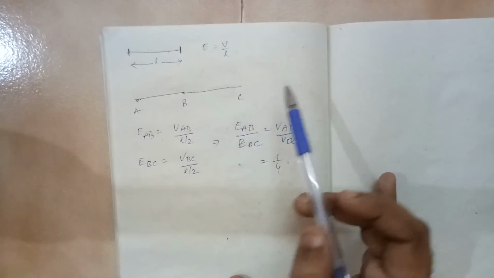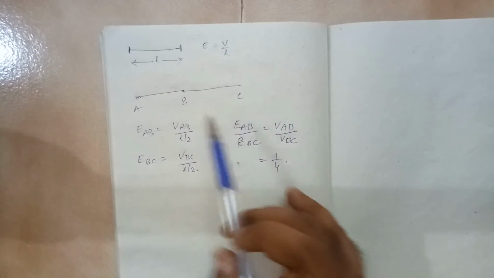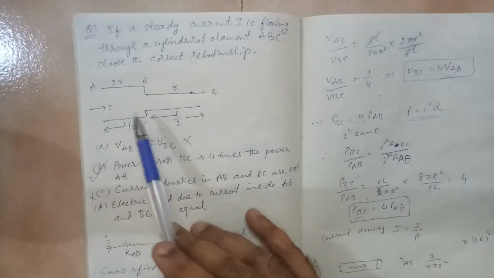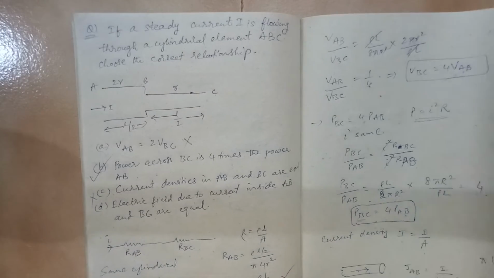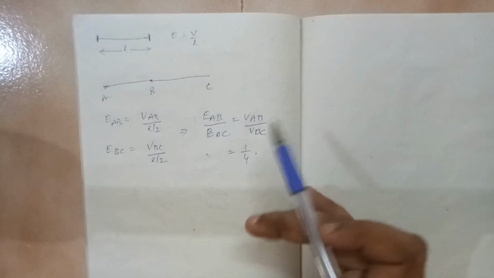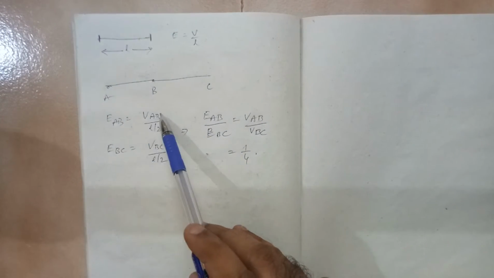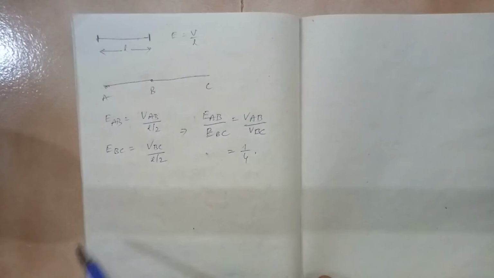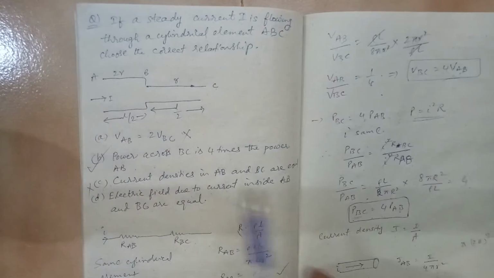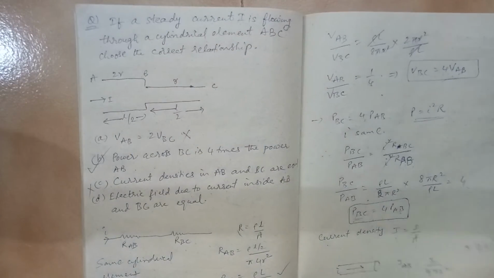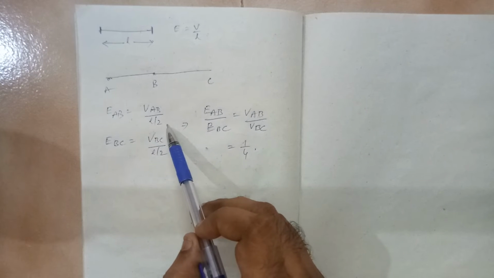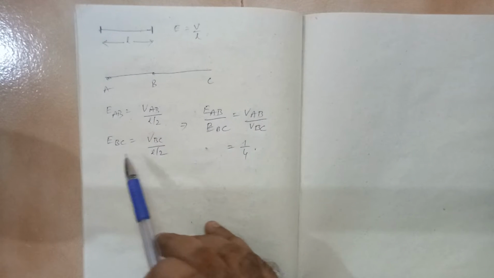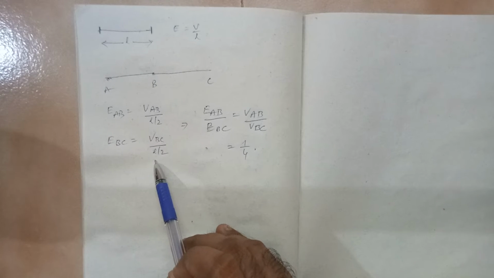He is asking you to find electric field in the AB portion, which is this cylindrical part. So EAB will be equal to VAB, the potential drop between A and B, divided by its length. Its length in the question is given as L by 2. Similarly, EBC will be equal to VBC by L by 2.